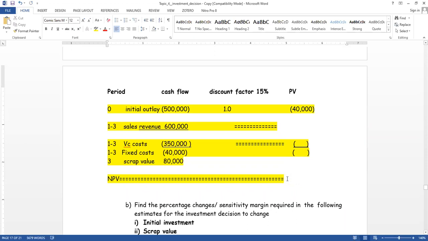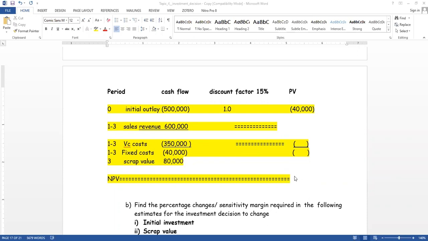Once you get your NPV, once it is positive, accept. Once it is negative, you do what? You reject. Once it is positive, accept. Once it is negative, reject.